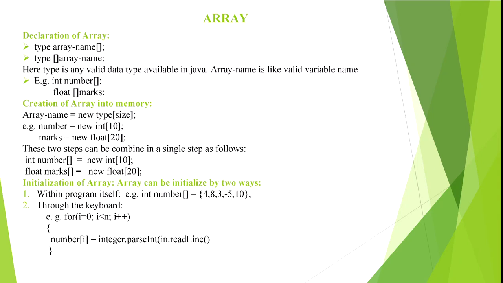Here I use the readline method, and you know that readline generally accepts a string, that is, text. To convert that text into the corresponding integer, I use the parseInt method. Integer is a wrapper class, and parseInt is the method that converts the input given by readline into the corresponding integer.